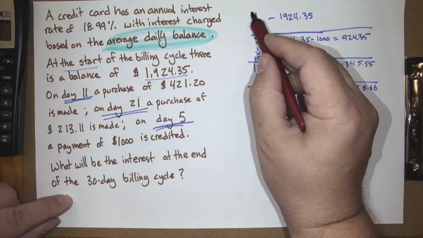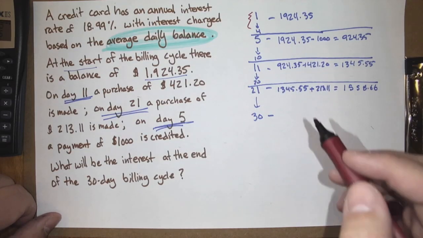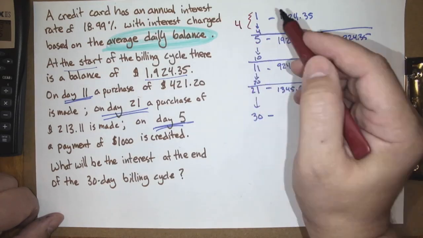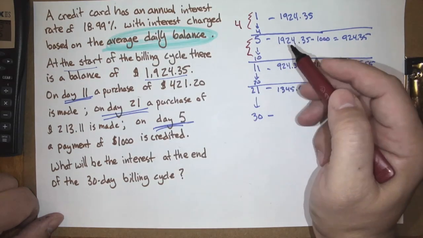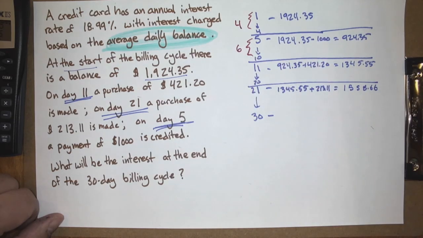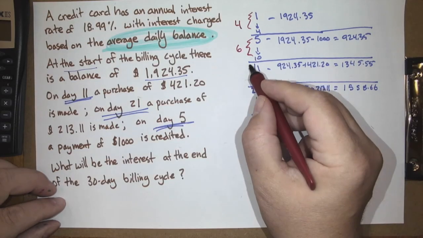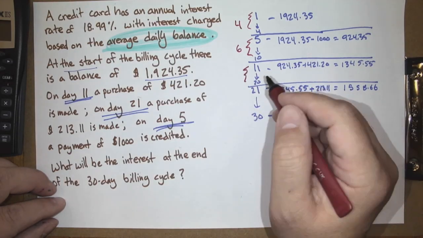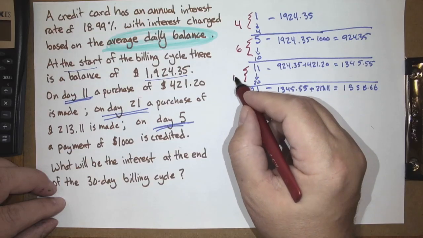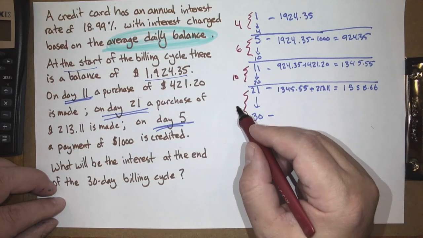From 1 to 4, how many days are there? There's 4 days. 5 to 10, how many days? 6. You can use your fingers: 5, 6, 7, 8, 9, 10. 11 to 20, how many days? 10. 21 to 30, how many days? 10.